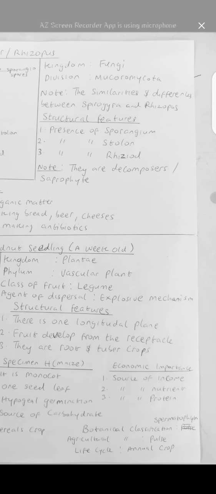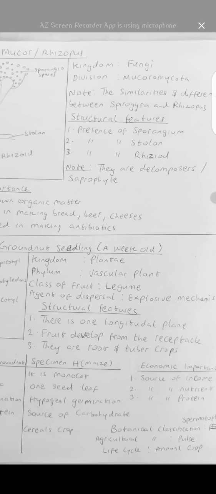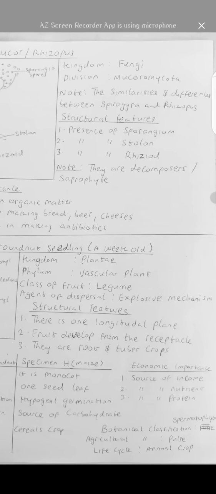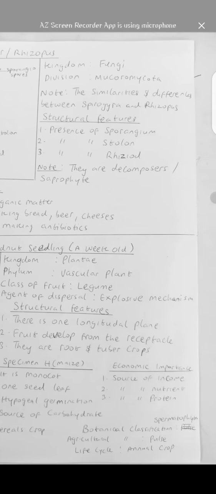The difference is that Spirogyra is Protista, while mucor or Rhizopus is a fungus.